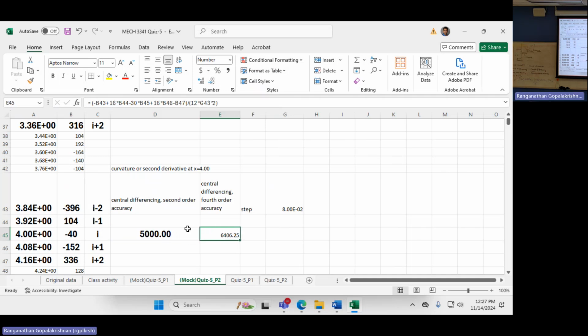So the slope estimate using the fourth order formula gets me 6,400, but the second order formula gets me 5,000. This sort of major difference is common whenever your data is very noisy. If you had very smooth data, both these formulas would nearly give you the same thing.